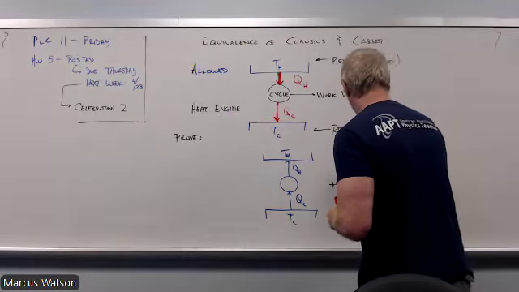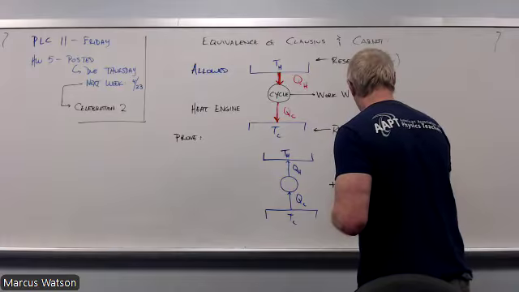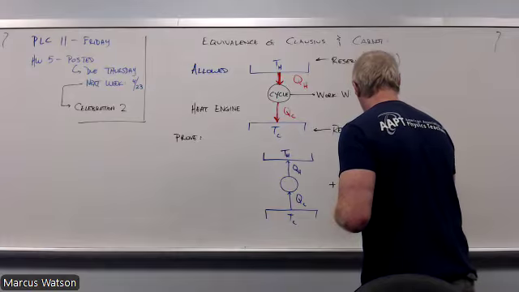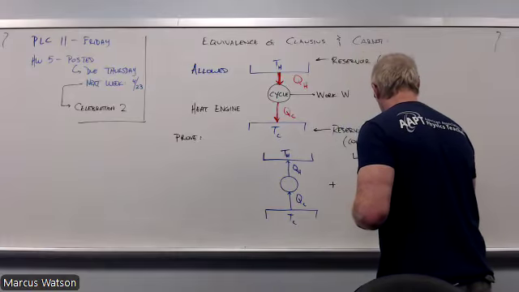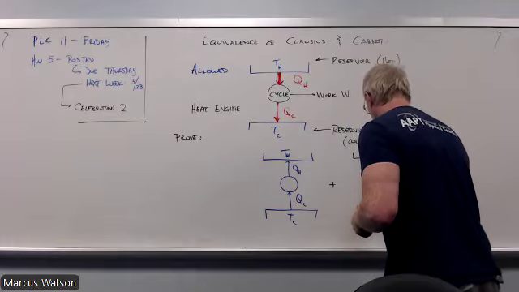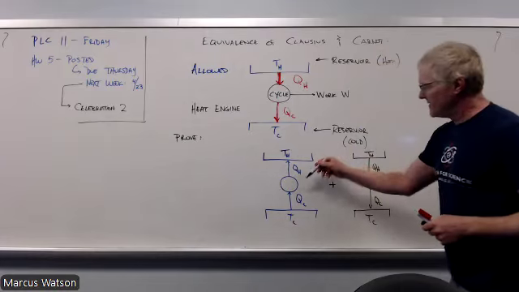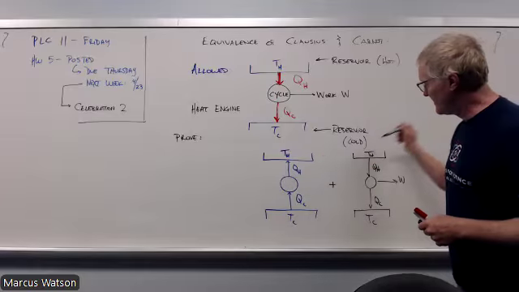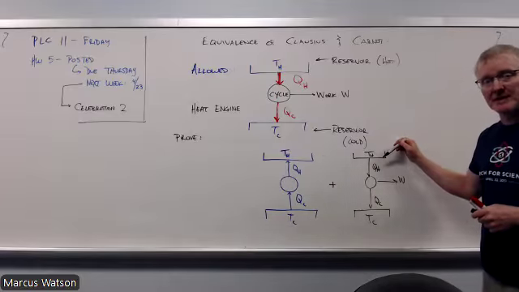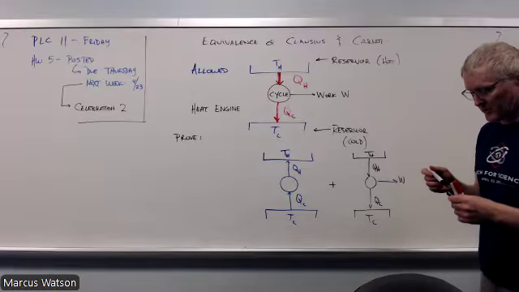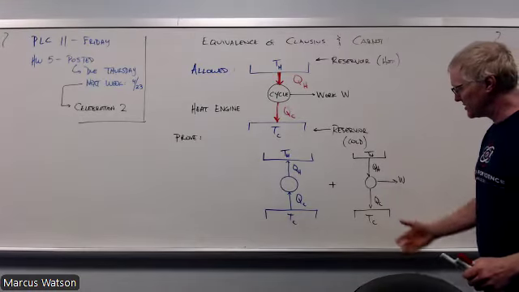Right? So I'm going to add this to a heat engine. Like so. Right? This is forbidden by the Clausius statement. This is an allowed Carnot heat engine, or it's allowed by the Carnot statement. It's an allowed heat engine.